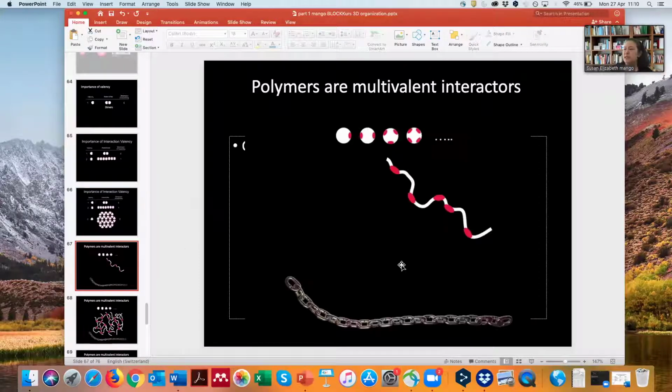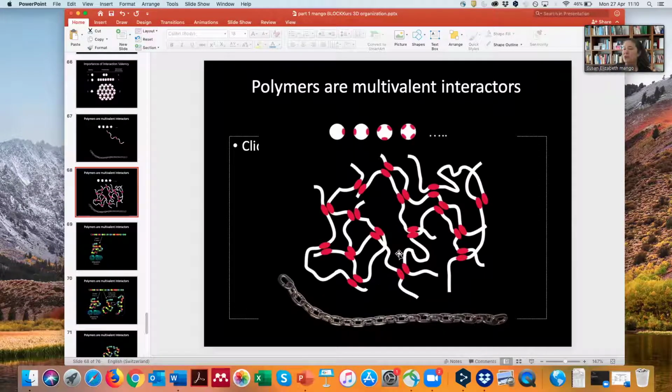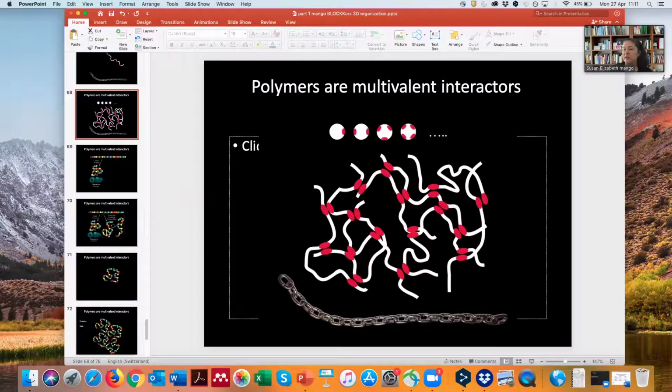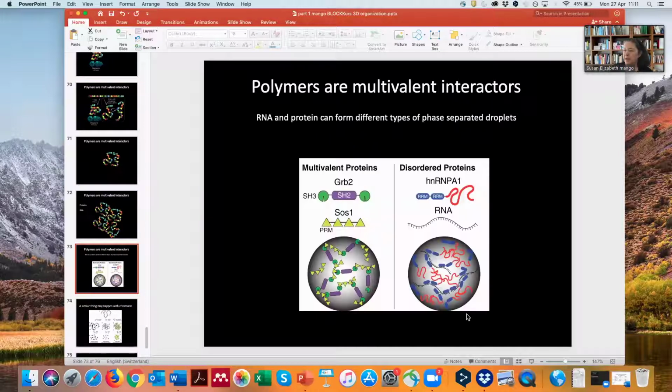And where we see this a lot is in polymers. So they can form structures like this. And in particular, we see that with proteins that have these intrinsically disordered structures shown here. But we can also get it with RNA.